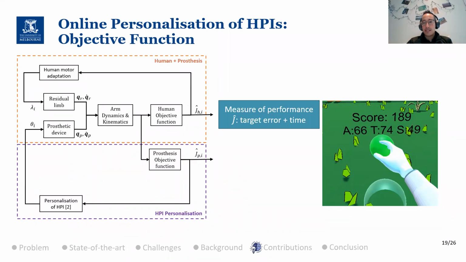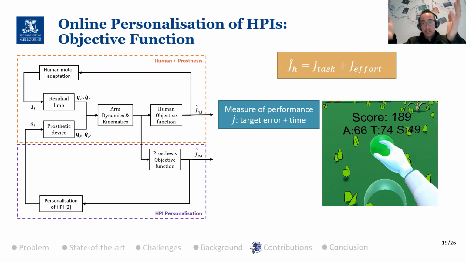The reality is that the human has this internal measure of performance, and we have some measure of performance with the prosthetic that we design. The way we made them as close together as possible was by showing that score.